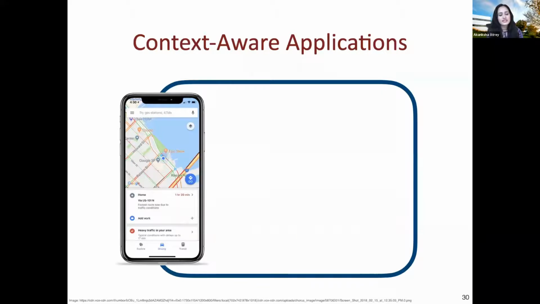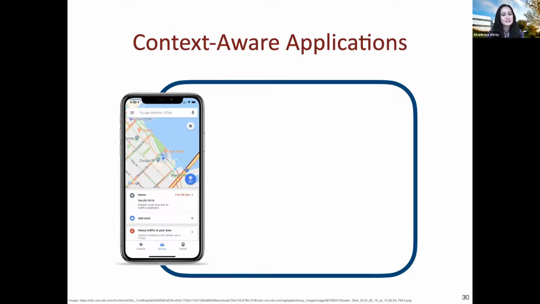A subset of these applications is something called context-aware applications. These are applications that collect context about the environment, which is basically defined as any information that you can use to characterize interactions with the environment or the situation of an entity. And they provide back some service.